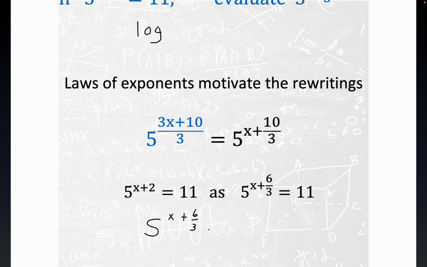So it certainly follows that we should just multiply by 5 to the 4/3, whereby when we add exponents, we get what we want. So if we're going to multiply by 5 to the 4/3 on the left-hand side, we need to do the very same thing on the right-hand side. So we get 11 times 5 raised to the 4/3 power.